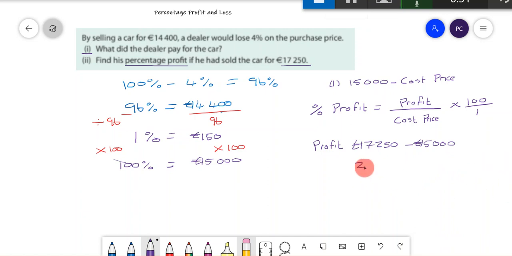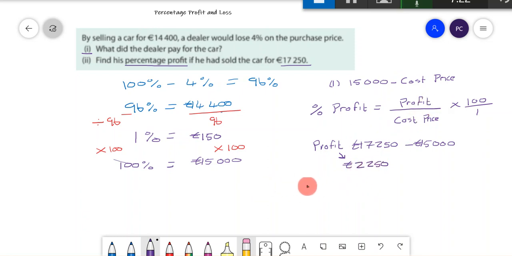So that's the profit, if he bought the car for this amount and sold the car for this amount, that's the actual profit he would make. But what the question asks for is the percentage profit. So we have to write this as a fraction of the cost price. We can take these values and put them into this formula.